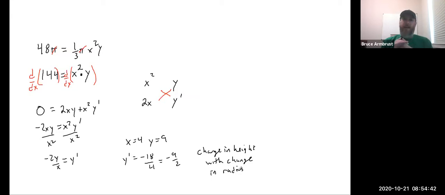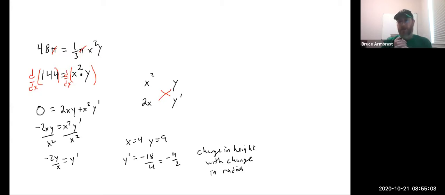The negative 9 halves, well, that is what it is. So negative 4.5. Basically, it's saying at that instant, for every inch the radius increases, the height is going down 4.5 inches. Every centimeter, well, I don't remember what the units are on this, but let's just call it whatever.